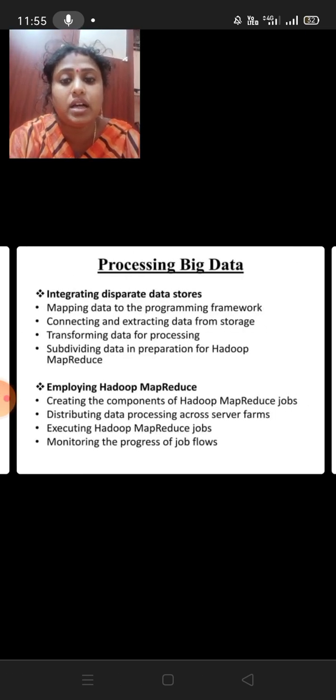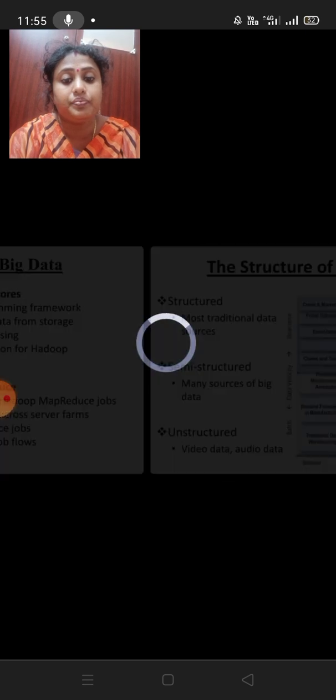Processing big data means integrating disparate data sources, mapping data to the programming framework, connecting and extracting data from storage, transforming data for processing, and dividing data in preparation for Hadoop MapReduce. Employing Hadoop MapReduce means creating the components of Hadoop MapReduce jobs, distributing data processing across server farms, executing Hadoop MapReduce jobs, and finally monitoring the progress of job flows.